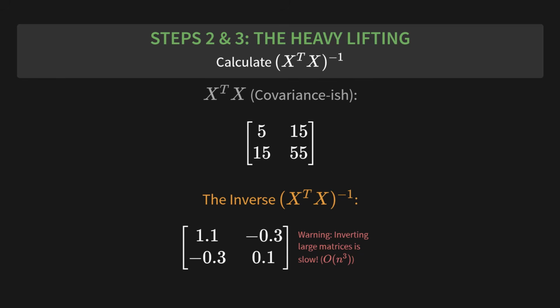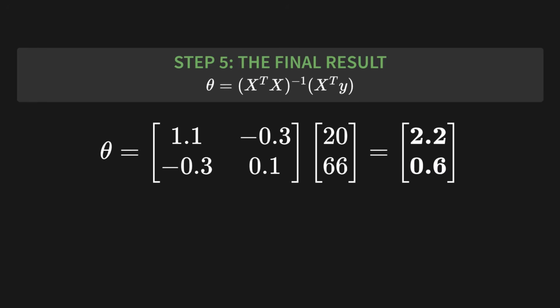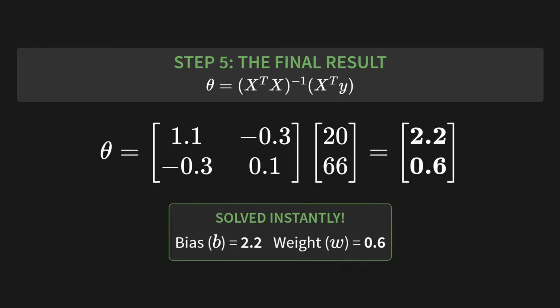Step 5, we just plug everything into the formula. We take our inverse matrix, X transpose X inverse, and we multiply it by another piece we calculated, X transpose Y. And when we do that one final multiplication, boom, out pops the answer, a vector containing 2.2 and 0.6. We've solved it instantly. The bias B is 2.2.